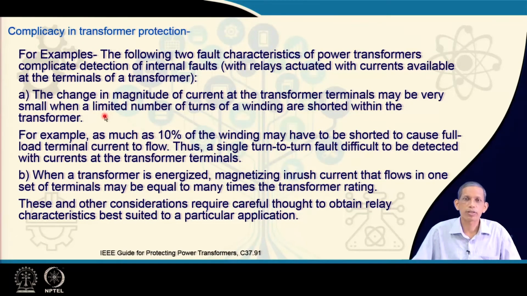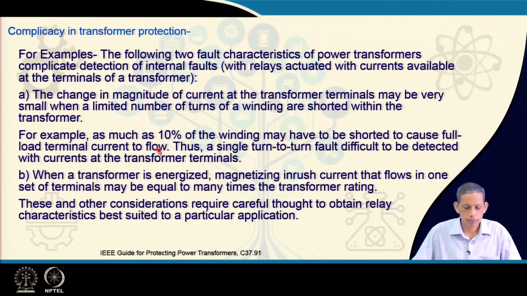When a turn is shorted directly to the ground, the corresponding current may be significant. If the turn happens to be in the lower turns of the winding towards the ground, then the fault current will be smaller. If the fault is between two turns, the amount of current may be much smaller.